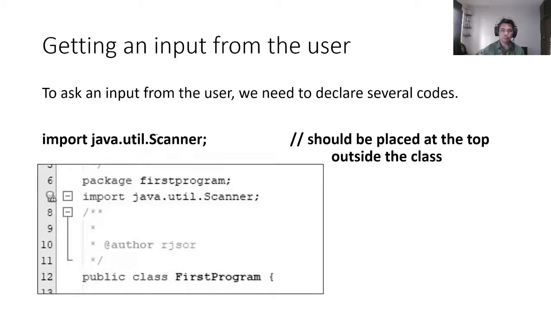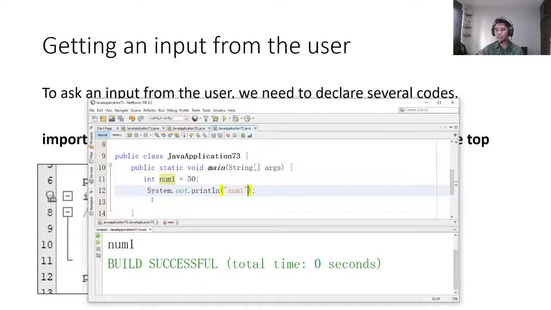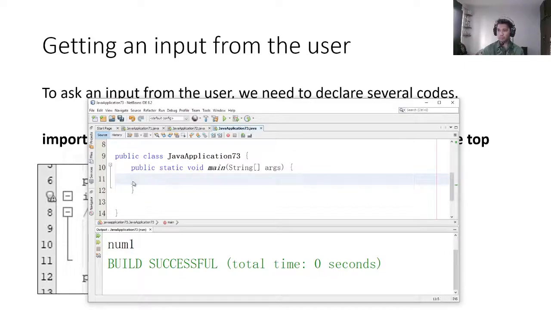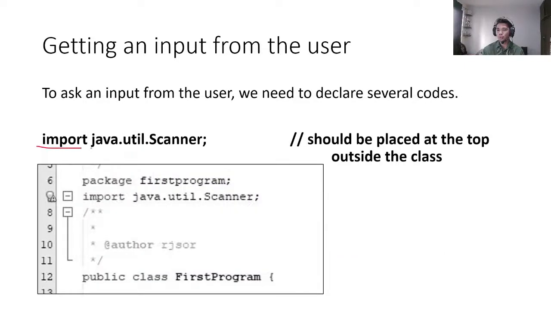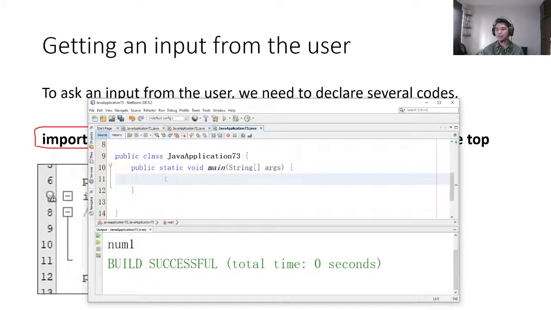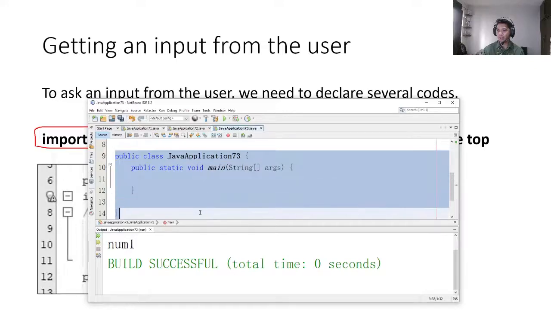Now, to get input from the user, the first thing that we have to do is to import something. We have to import this line outside the class. Just to give you a reminder, the class, this one, signified by the brackets, is our whole program.